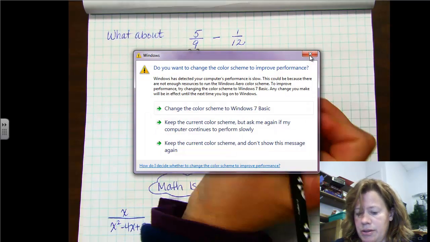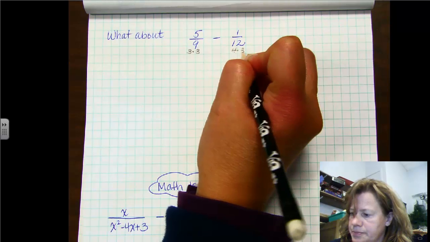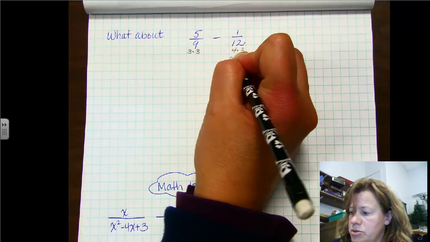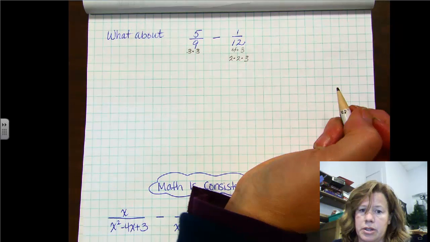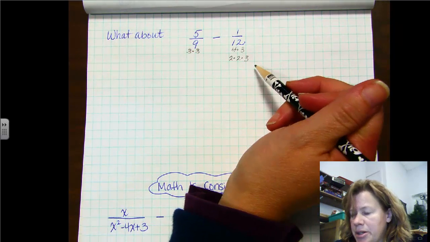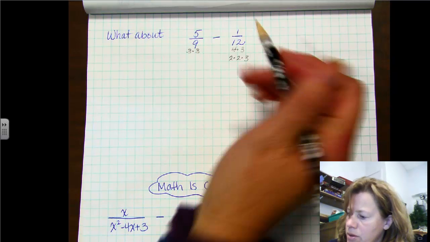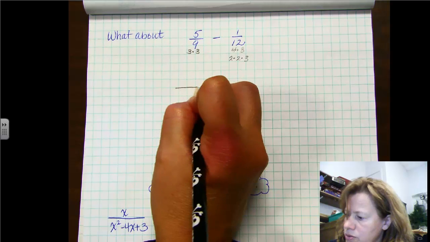9 is 3 times 3. 12 is 4 times 3, which is 2 times 2 times 3, if you really want to get down to prime factors. So for your common denominator, you need to include each factor, not hurt anyone's feelings.